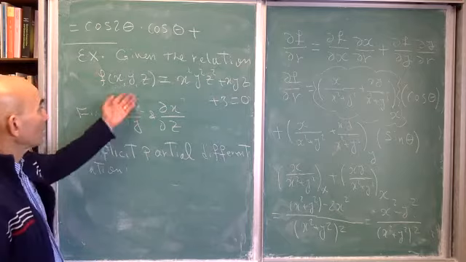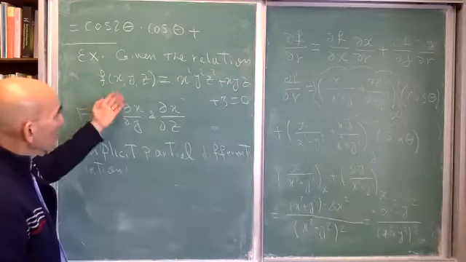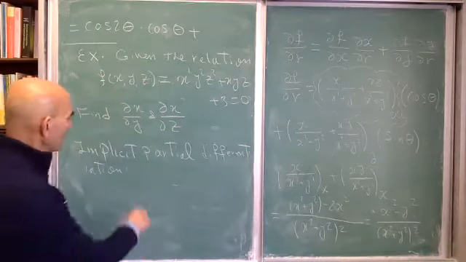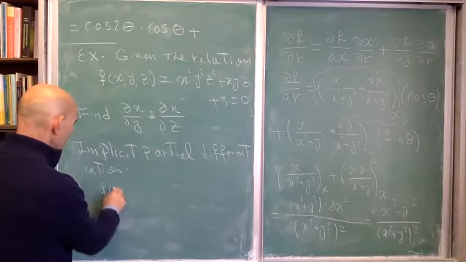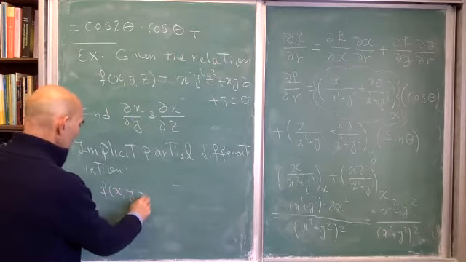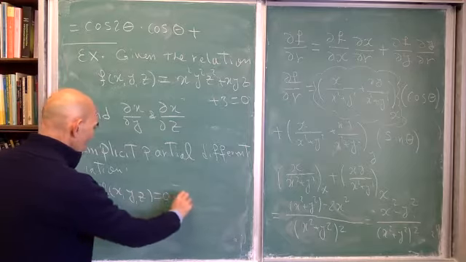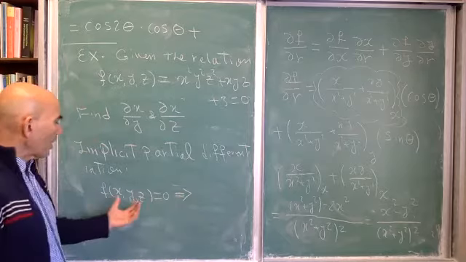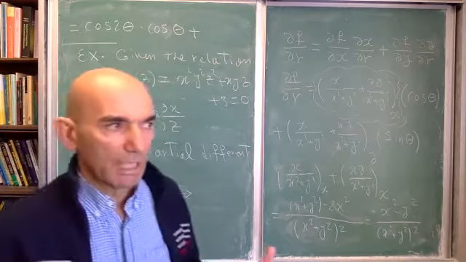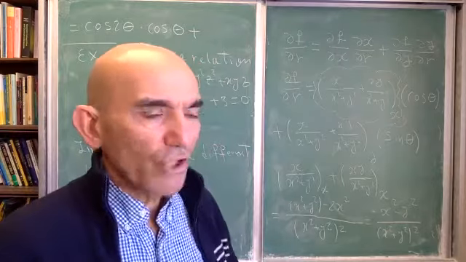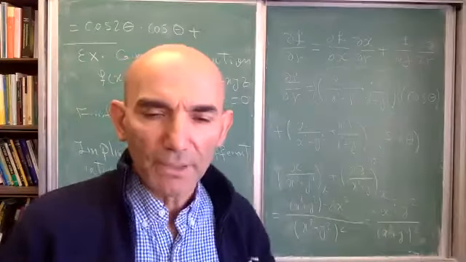So what is the logic here? The logic here is that, because f of x, y, z is equal to 0, because there is a relation, these three variables are tied together, they are not free.